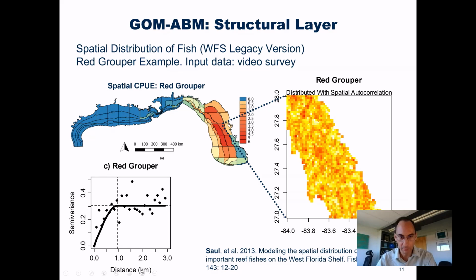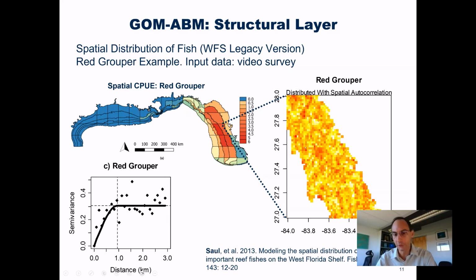Within each of these polygons that I was pointing out a moment ago, the overall abundance is divided up based on an estimate of spatial catch per unit of effort. So you take the total estimated abundance from the most recent stock assessment, divide that up, and place each of those abundance amounts in each of these polygon regions.